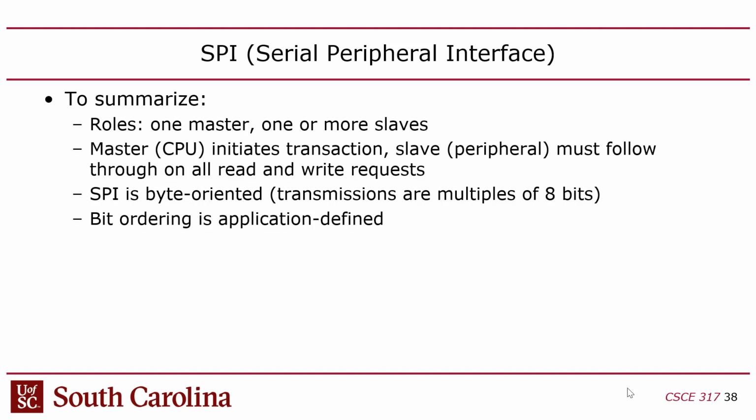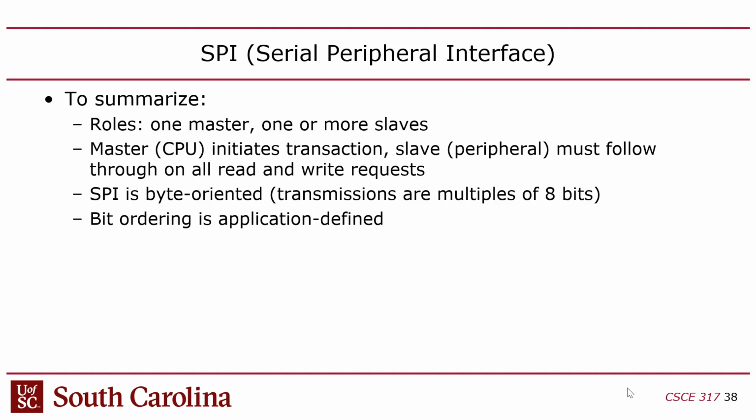SPI is also byte-oriented, so all the transmissions are in multiples of 8 bits, which I'm sure isn't a surprise to you. But the bit ordering is application defined, and you might ask, what do you mean by bit ordering? Well, SPI stands for Serial Peripheral Interface, and it's serial, meaning only one bit is sent at a time.